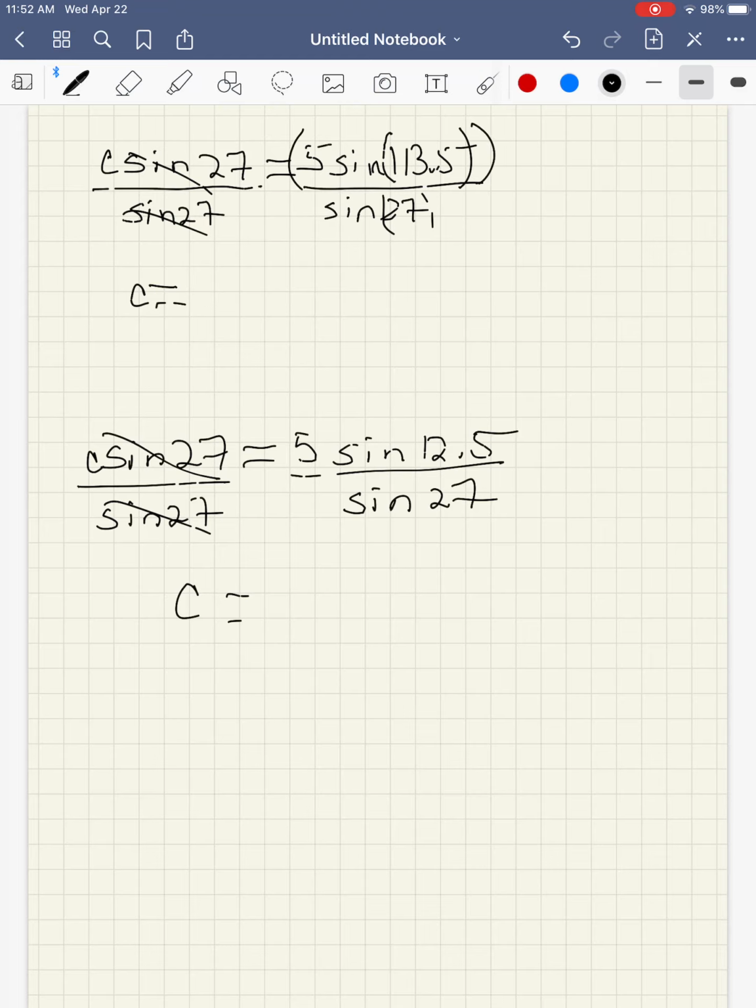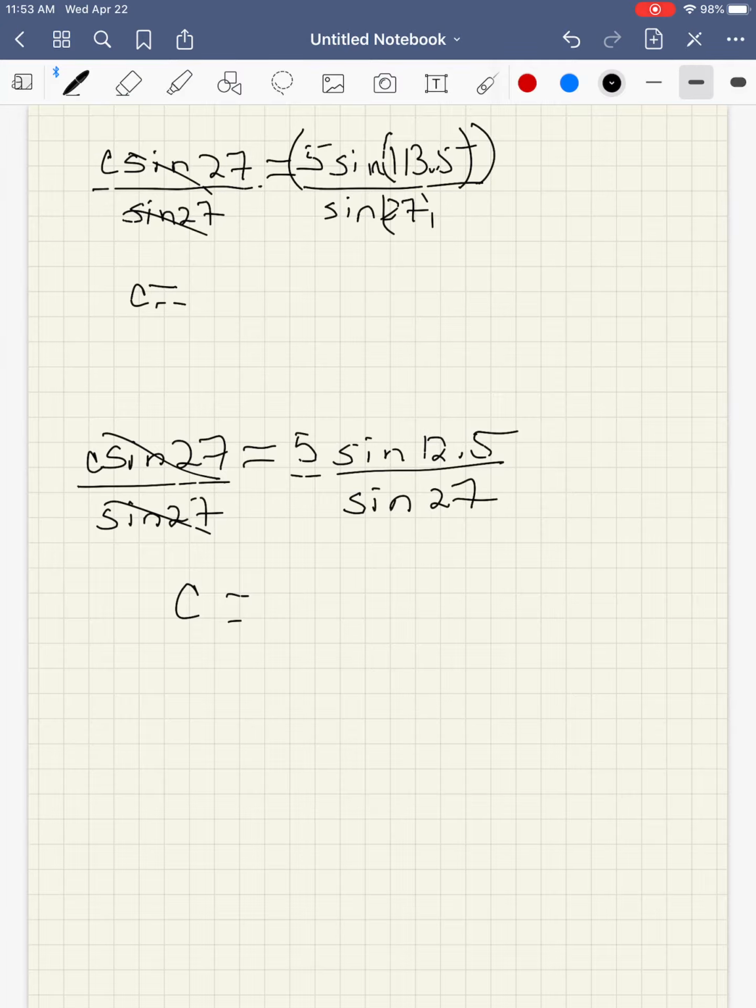All right, so let's put these in the calculator. So I have parentheses. Don't forget to put that first parentheses. 5 sine 113.5, close those parentheses, and close it again. And then divided by sine 27 equals.